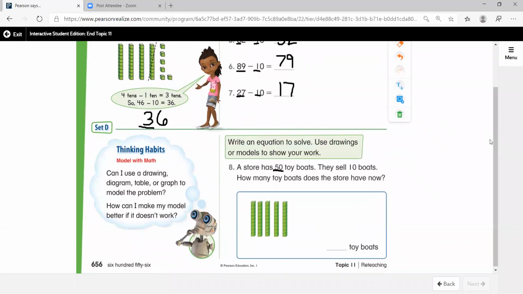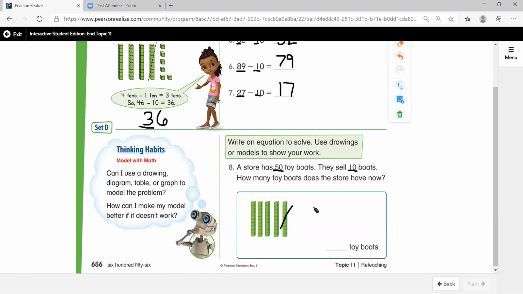The story tells me that the store sells 10 boats. If they're selling 10 boats, I know that I need to subtract. They're not getting new boats into the store, they're selling them. So if I subtract one of my 10 sticks, I need to now see how many are left. If I use my model, I can see that I have 1, 2, 3, 4 tens left. And if I count by tens, that's 10, 20, 30, 40.